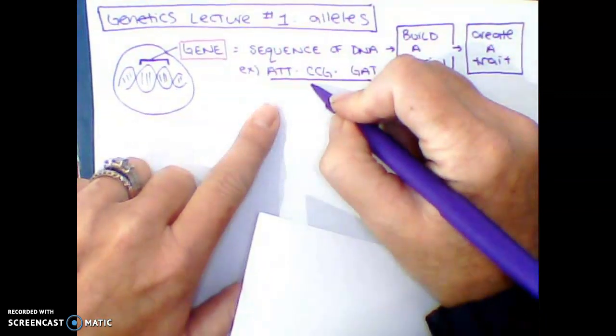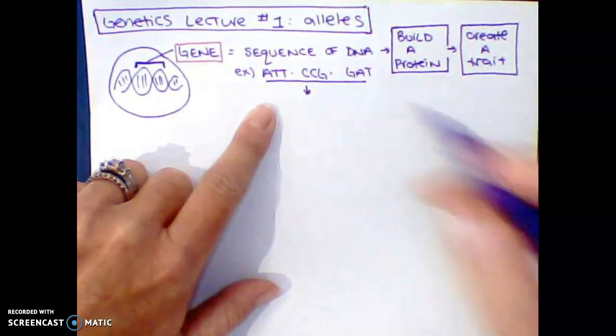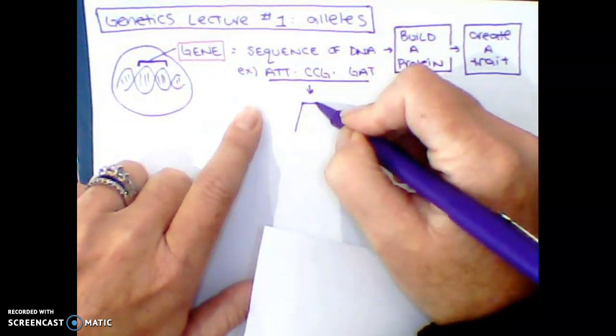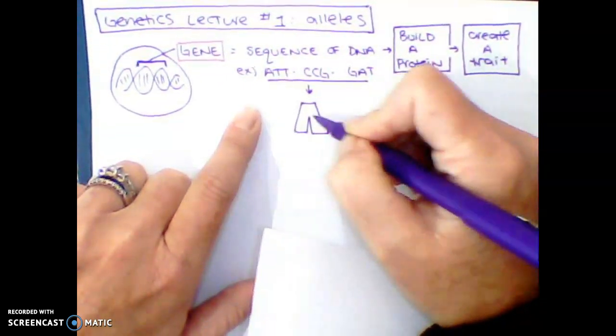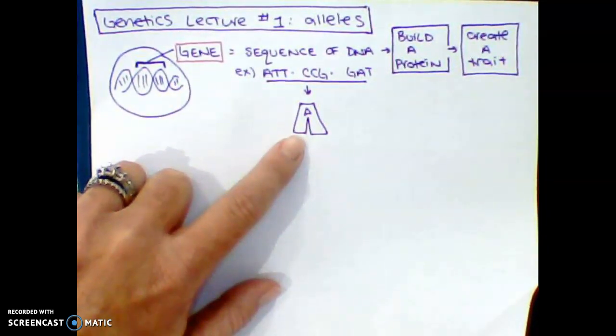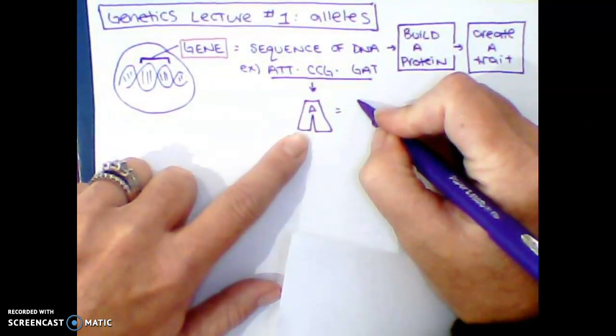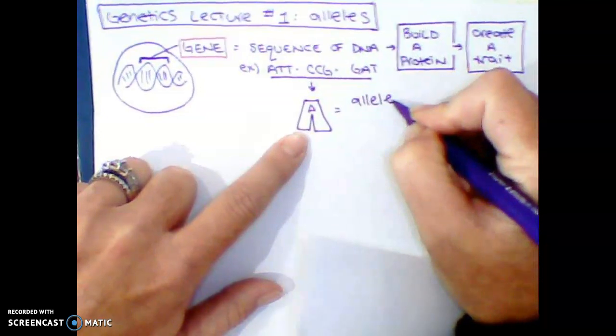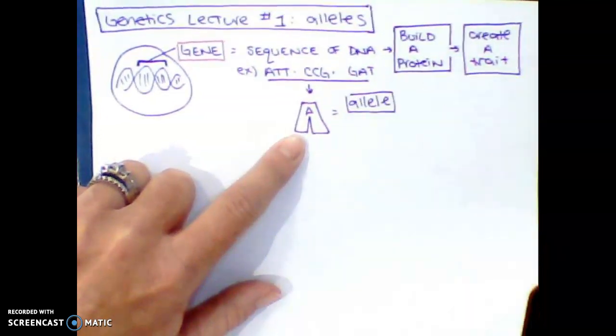So instead, we're going to take this DNA sequence and represent it as, say, a letter. This specific gene, which let's say represents brown hair, I'm just going to simply call A. And so that letter that represents my gene is what I call an allele.